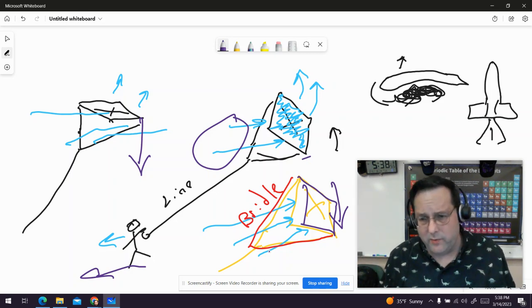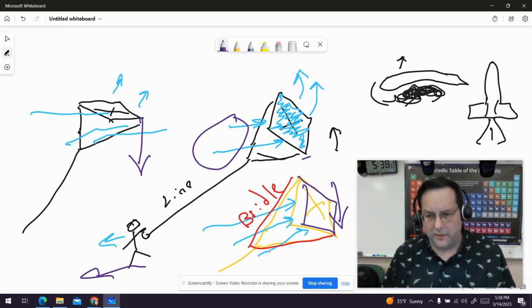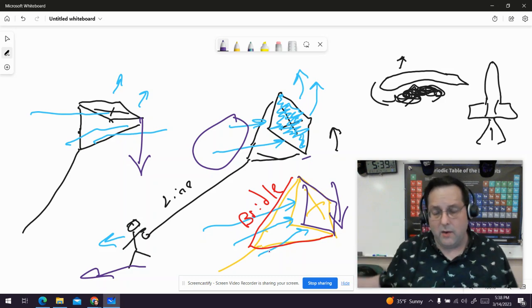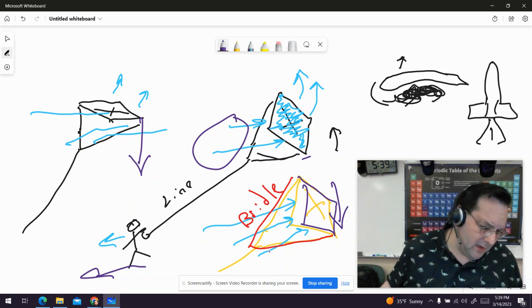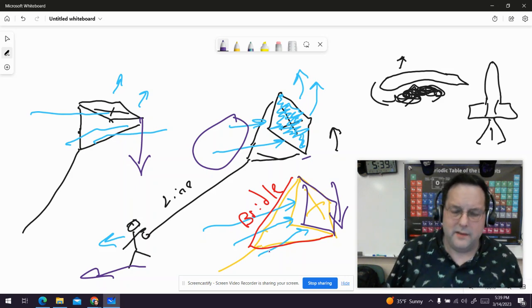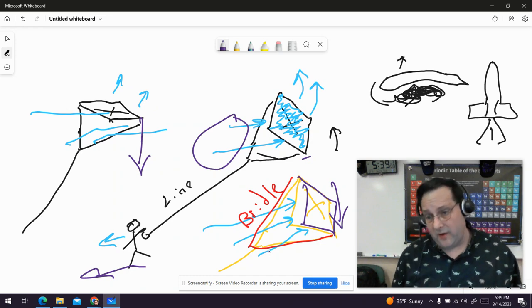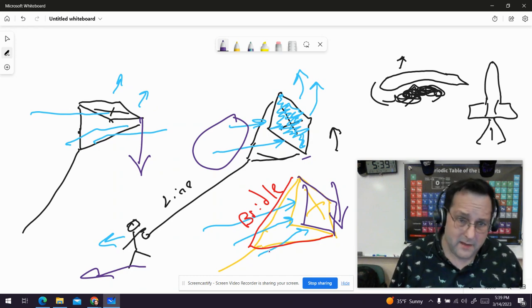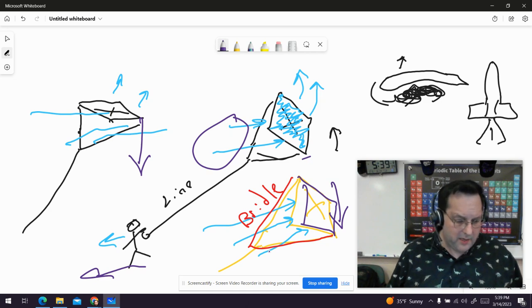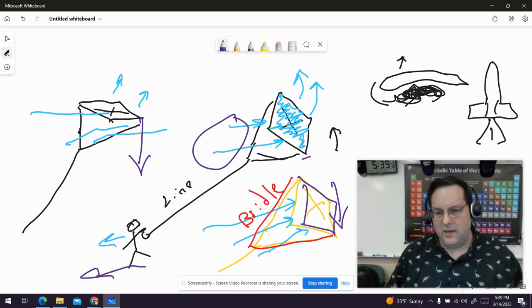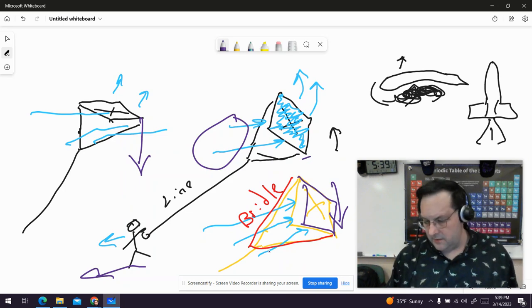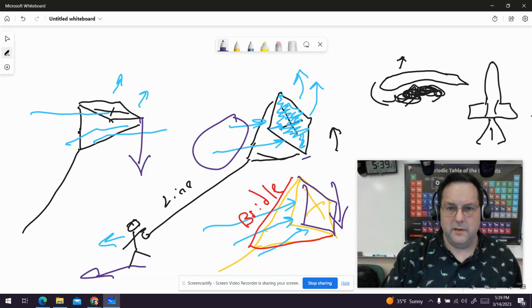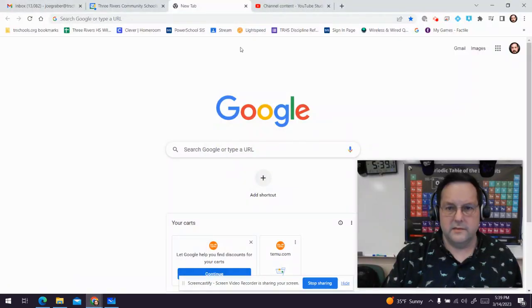So sort of like I could generate wind by driving my car on the road and put my arm out the window, and now I'm moving faster than the air, and I'm creating wind by doing that. So at any rate, that is where you get lift from for a kite, and you're overcoming the forces of gravity. That's what you're counteracting in order to keep this kite up in the air and keep it aloft. Let's go here.